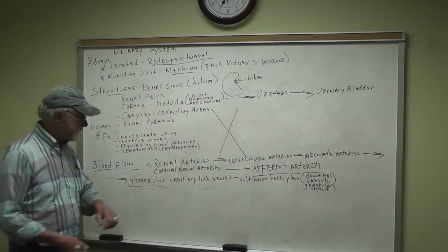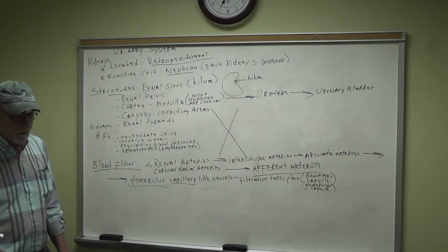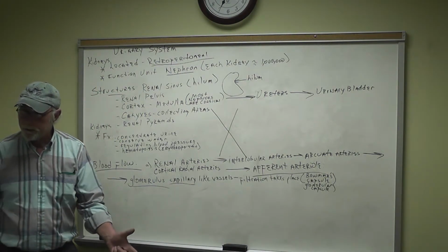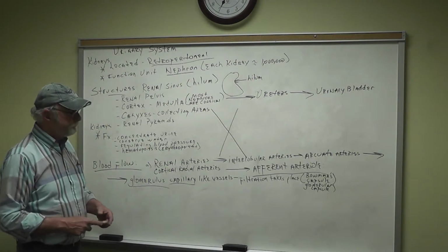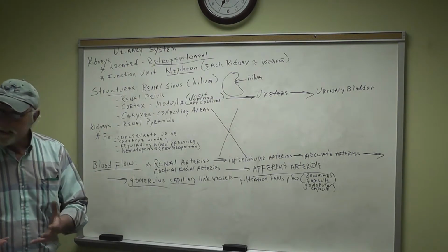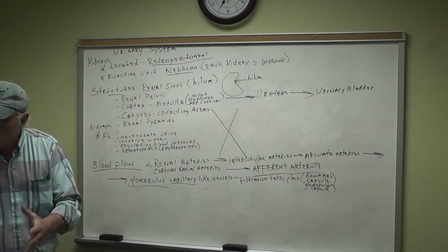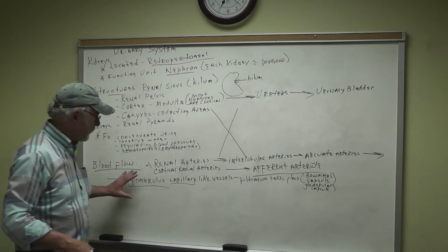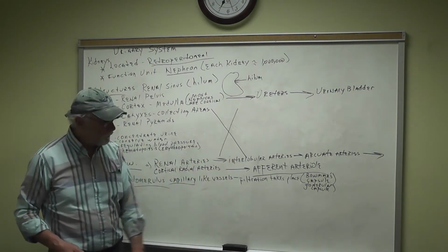Now, these capillaries are similar to the capillaries in the systemic circulation. However, they're highly adapted for the process of filtration. So they have these so-called fenestrations, or holes, if you will, that allow a large volume of fluid and dissolved substances to pass through.